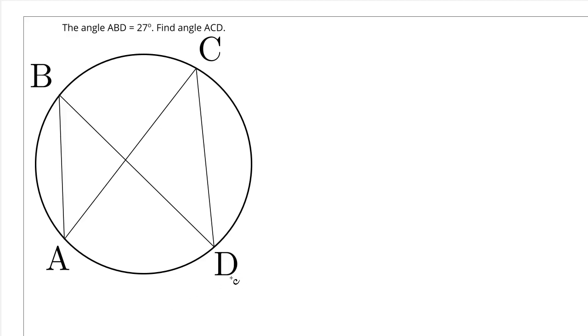And on to Theorem 3, the first question. The angle ABD is equal to 27 degrees. Find the angle ACD. Now, both of the angles ABD and ACD are drawn from the same arc of the circle here, right? They both start and end at the same point, and so the theorem tells us that these angles are equal.